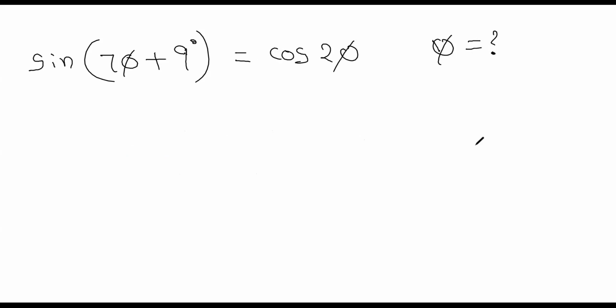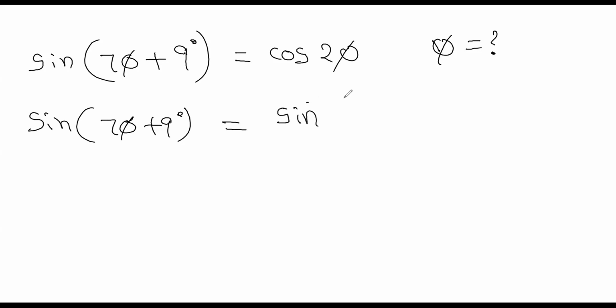You can convert cos into sine, then only we can equate them. Sine of 75 plus 9 degrees equals to, how to convert cos to sine? It should be sine of 90 minus 2 phi. Whether it is plus or minus, it doesn't matter.